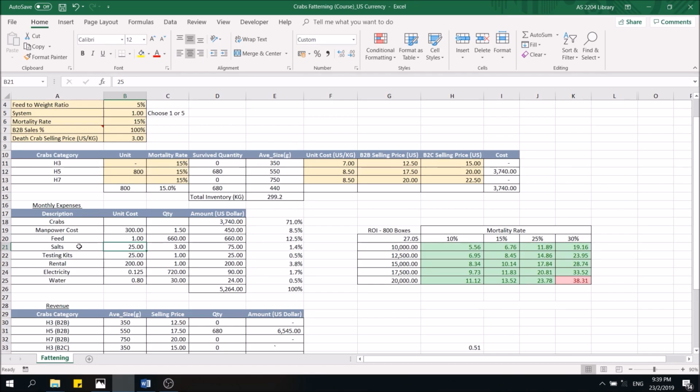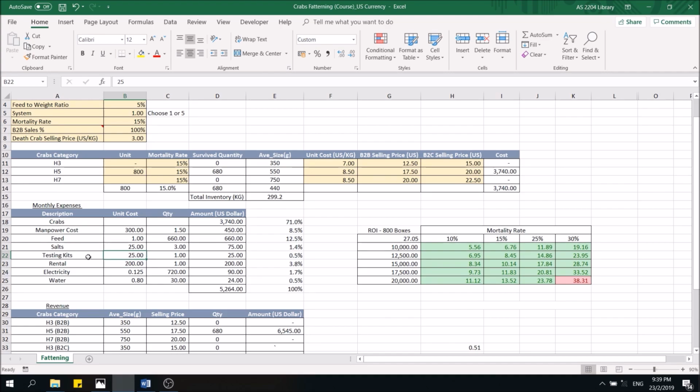So this is a cost. And next, we have testing kits. Testing kits are used to test water parameters every day, twice, and we need to include these costs in our analysis.